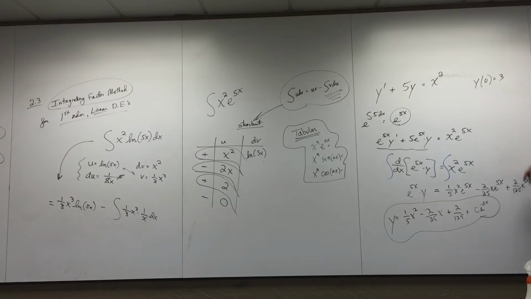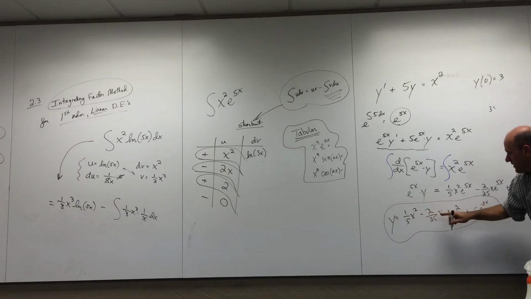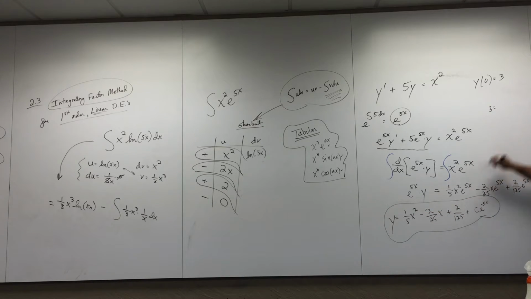I'll just try that real quick. If this had an initial condition, you plug in a 0 for x and a 3 for y. You get 2/125 plus e to the 0. E to the 0 is 1, so that is just a c. So what is c? C is 3 minus 2/125, which everybody knows is 373/125.